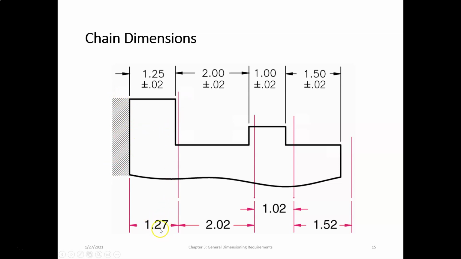So if we put 0.02 tolerance on this, the red line is the acceptable surface location here. But notice what it does to this dimension. So now this dimension is, again, within the tolerance range, 0.02, so 2.02. But it's already starting 0.02 from here.